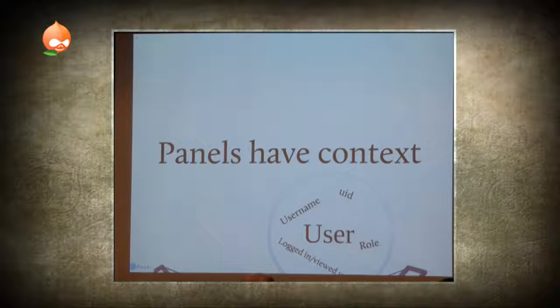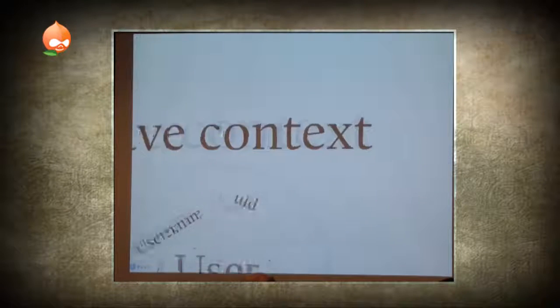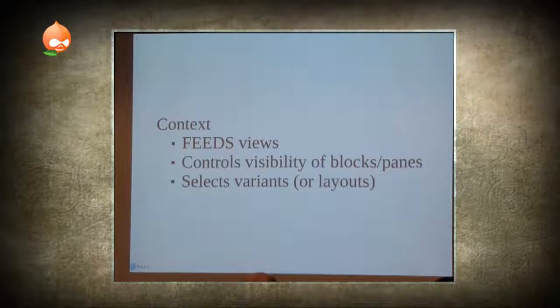So what does it mean that Panels have context? Context feeds Views in as much as it tells the view what we're interested in seeing. So in the case of related products, I want to see products that are related to this product. I want to see products created by this author.